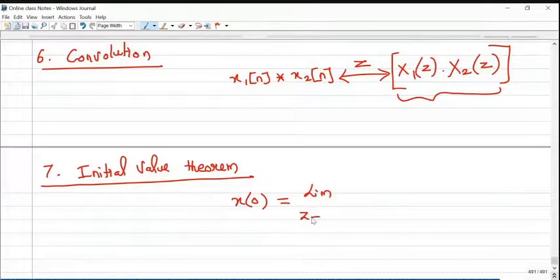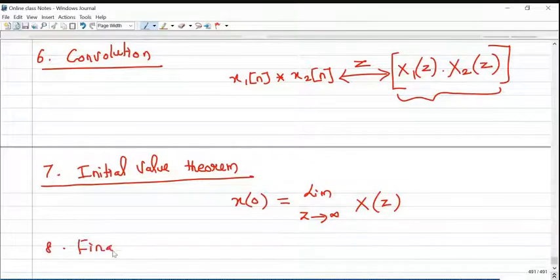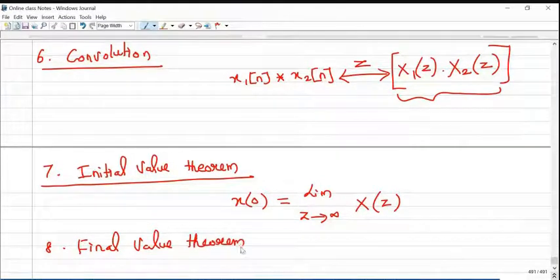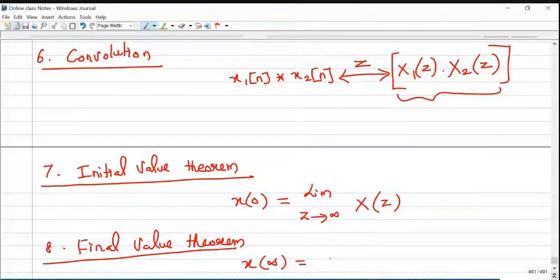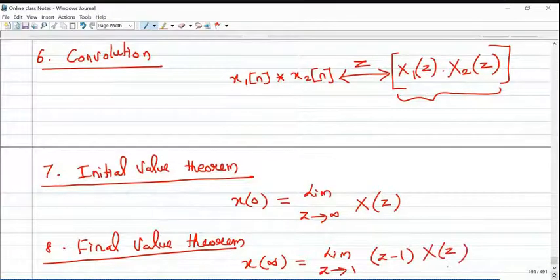That is, limit Z tends to infinity of x of Z. So this is the initial value theorem. Similarly, the final value theorem: x of infinity equals limit Z tends to 1 of Z minus 1 into x of Z.